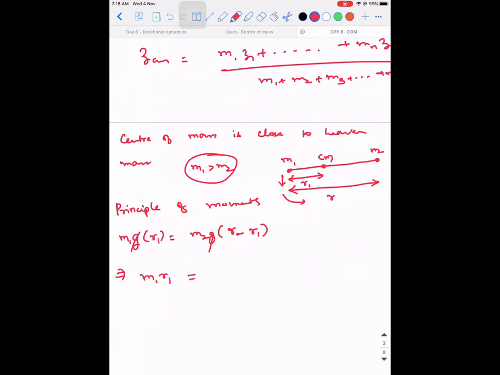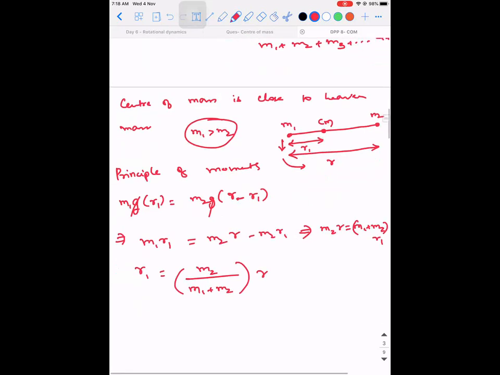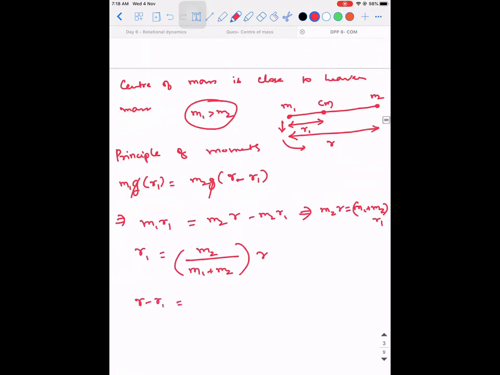So M1R1 equals M2R minus M2R1, which implies M2R is equal to M1 plus M2 into R1. So R1 will be equal to M2 divided by M1 plus M2 into R. Then R minus R1 will be M1 divided by M1 plus M2 into R.